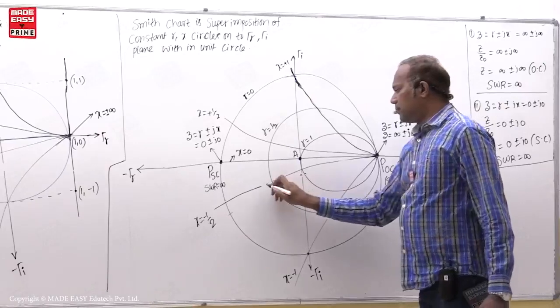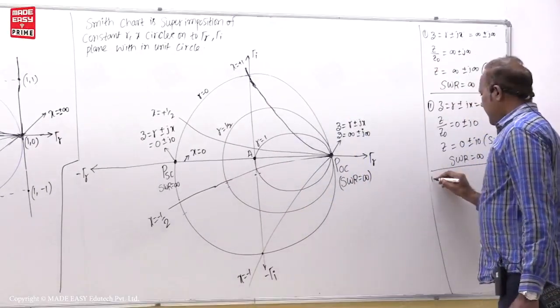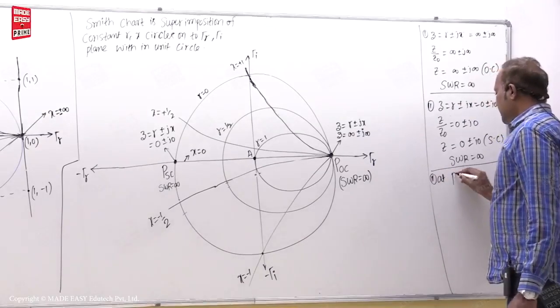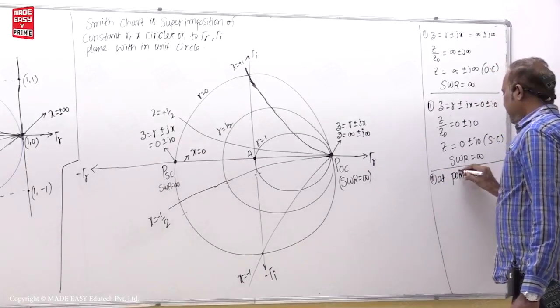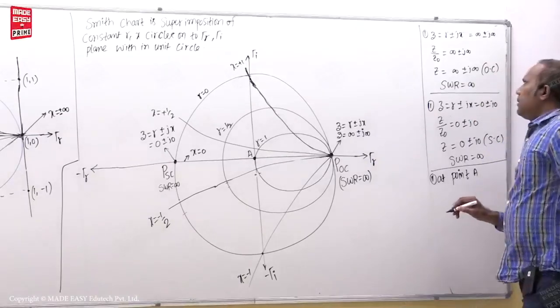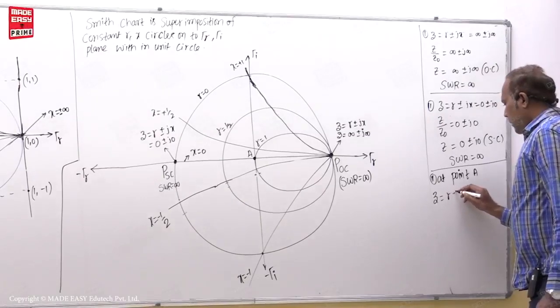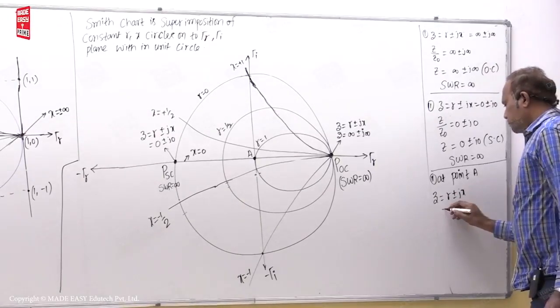Don't worry. Right. So this A location, at point A, on that Smith chart, can you tell me small z is equal to r plus or minus jx?